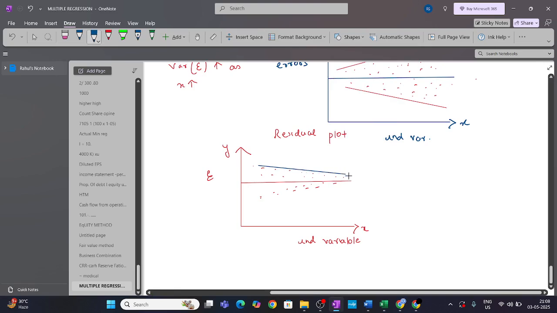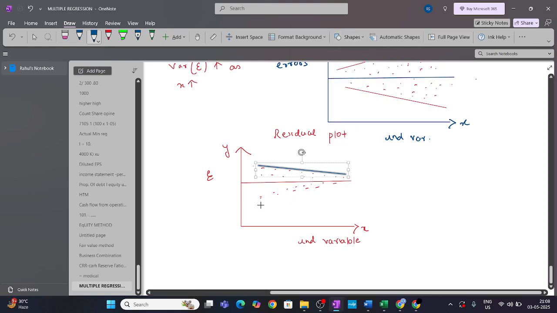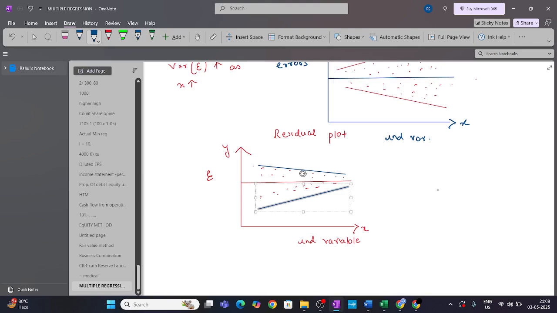Notice the variance of the error term is decreasing as the independent variable increases, right? So this too is conditional heteroscedasticity, right?